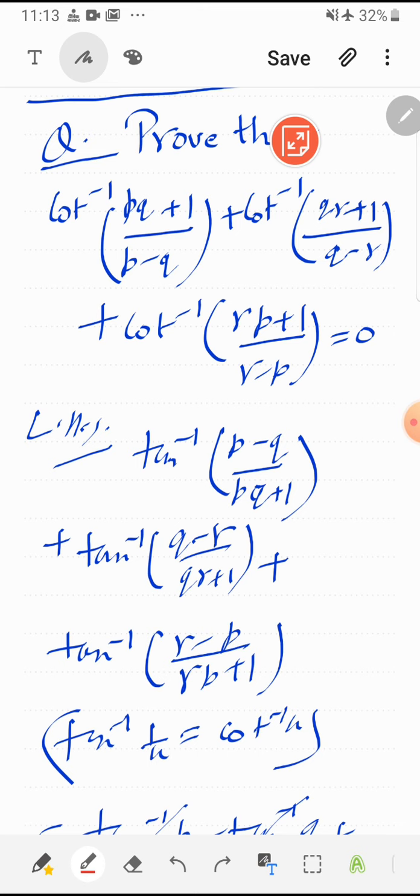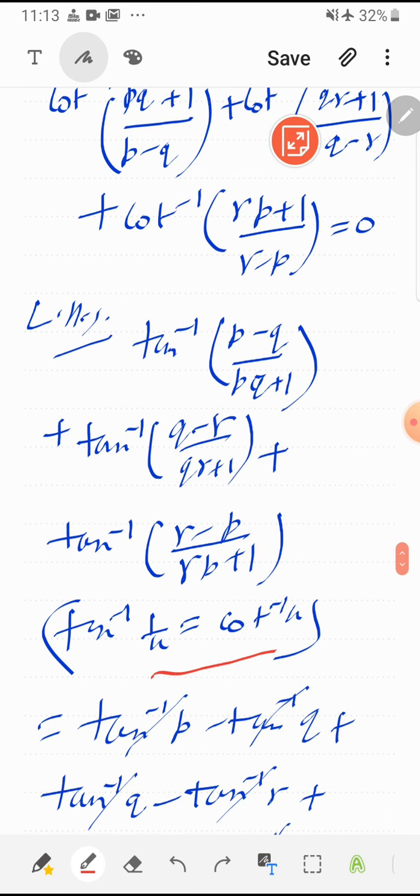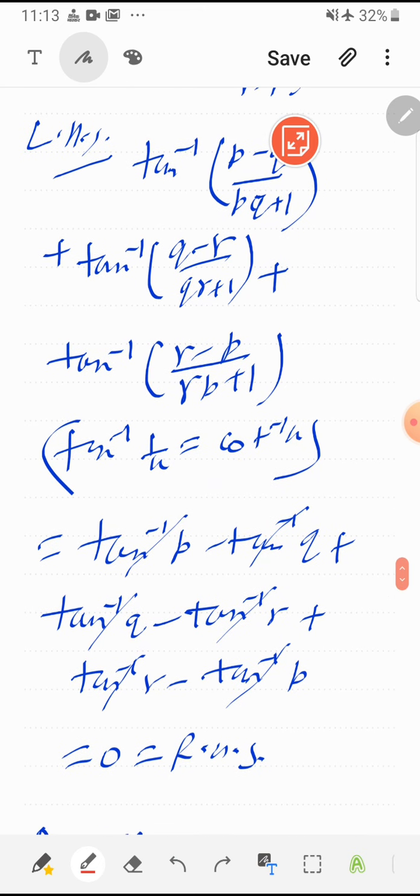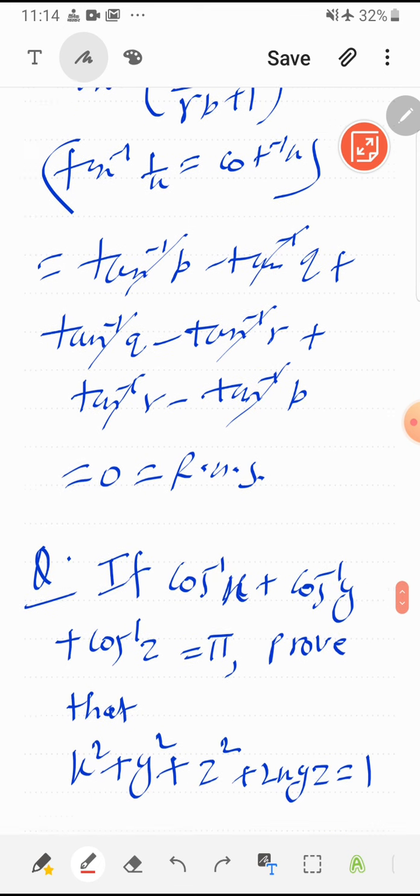Now the formula is very clear. You have to write tan inverse 1 by x as cot inverse x. Next, I know that this gives tan inverse P minus tan inverse Q, then tan inverse Q minus tan inverse R, and tan inverse R minus tan inverse P. So all the terms will be cancelled and we are left with 0.